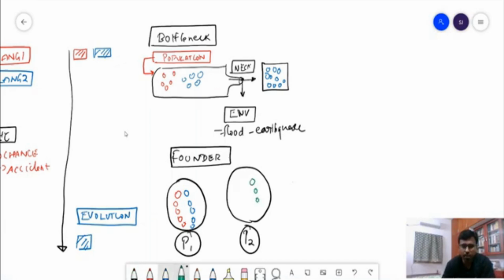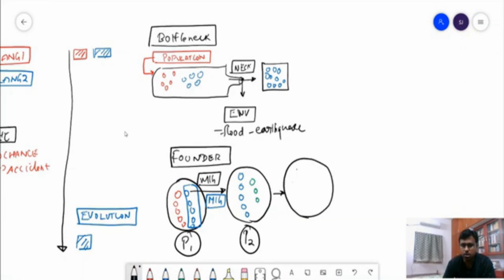But what happens is that there is a migration, but not any migration. I am assuming there is a selective migration of people only with blue color, people having only this gene. So people are migrating here, and after a few generations, due to this selective migration, the population with the blue gene will start predominating in this population.